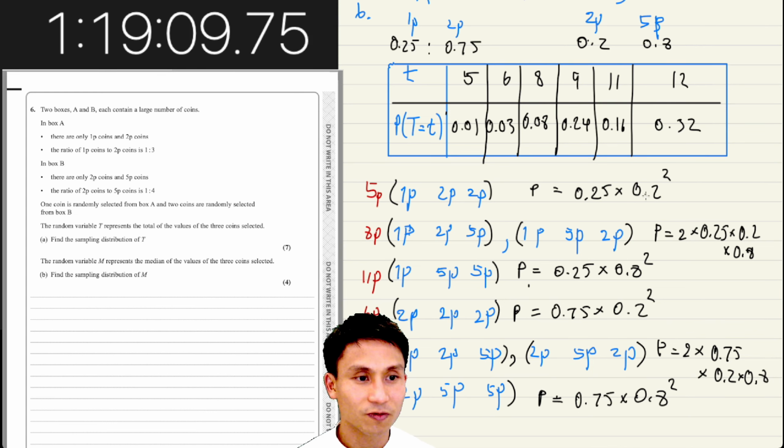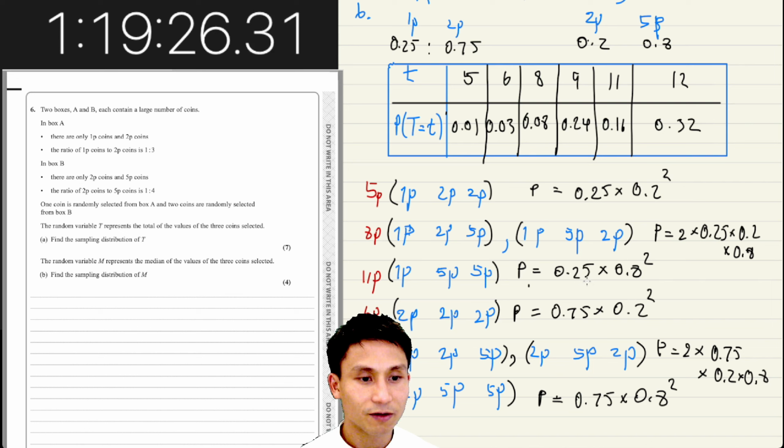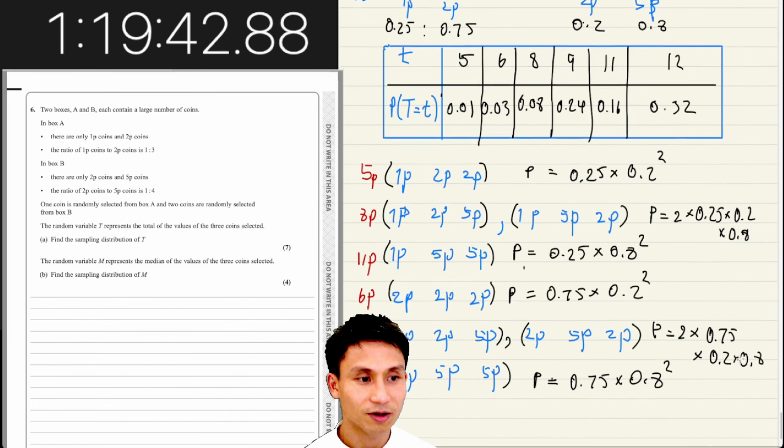Okay, so 0.25 times 0.2 squared, 0.25 times 0.2 times 0.8 and 2 times 0. For the 11, yeah, 11 is 0.25 times 0.8 squared. That's fine. 222, 0.75 times 0.2 squared. 225, 2 times 0.75, both of that.